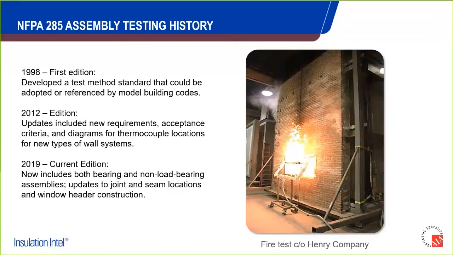The 2012 edition refined some of the locations, graphics, and testing requirements for thermocouples to measure the actual heat developed within the rooms and in the exterior assembly. The current edition now includes both bearing and non-load-bearing wall assemblies. There are also updates to joint and seam locations and window header construction. So there are modifications being made, but the test itself has remained remarkably static. Really, it's testing a very specific aspect of these wall assemblies.